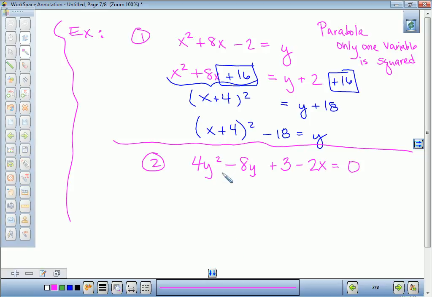The Y is the one that's squared. The X is not. So we know it's a parabola. Only one squared variable. We don't care about coefficients. We don't care about sum or difference. It's automatically a parabola, no matter what. So we're going to leave the Y's on this side. We're going to move everything else to the other. And when we move, it switches to the opposite.